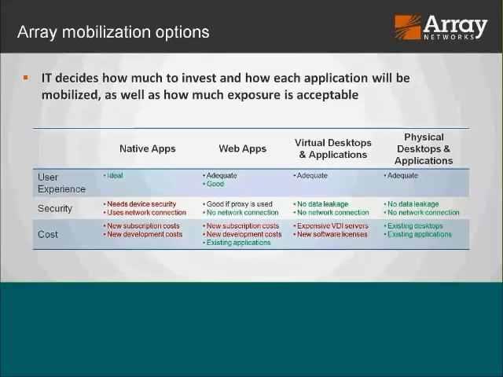Looking at this chart, you're going to begin to see how that maps to that exposure diagram that I drew earlier. For a native app, you're going to get that ideal user experience, but you're going to need a layer 3 connection oftentimes in order for it to function properly. So the security becomes something of a concern. You need to figure out how you're going to lock it down. And the cost becomes a concern for native app, because you're either going to redevelop or purchase an application.